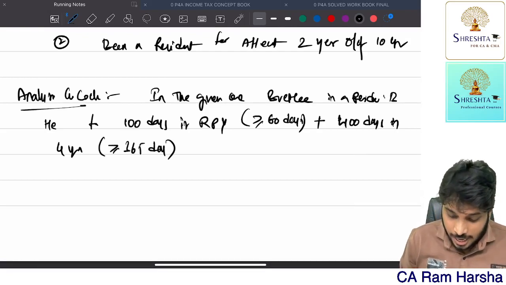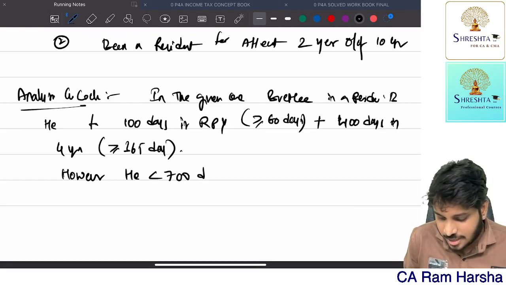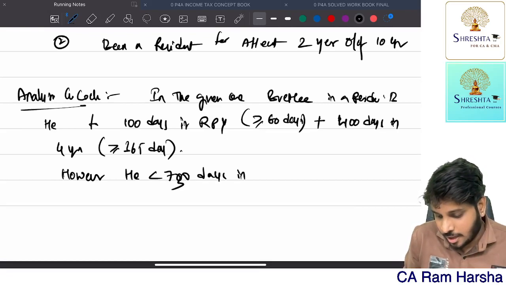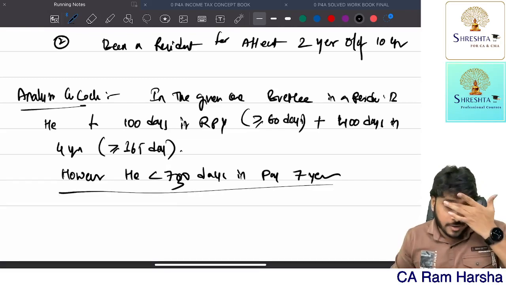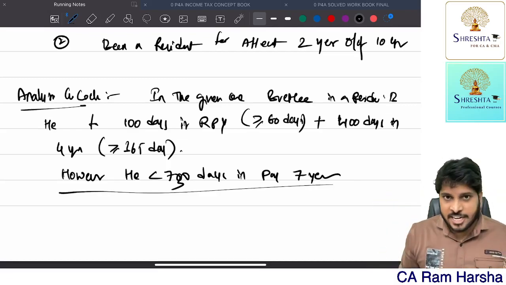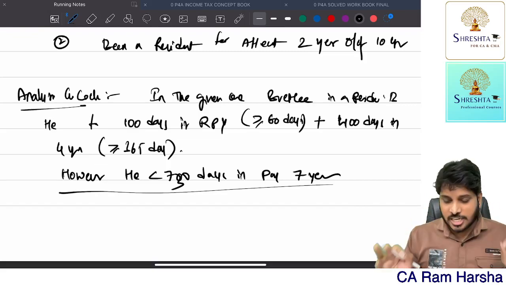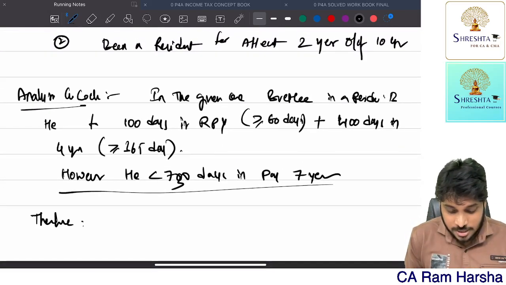However, he stayed in India for less than 730 days in the past 7 years. By mentioning this, we are indirectly confirming to the examiner that we also checked the additional condition, but he did not satisfy it. Therefore, he is just a resident, but not ordinarily resident. So you need to write the conclusion clearly.